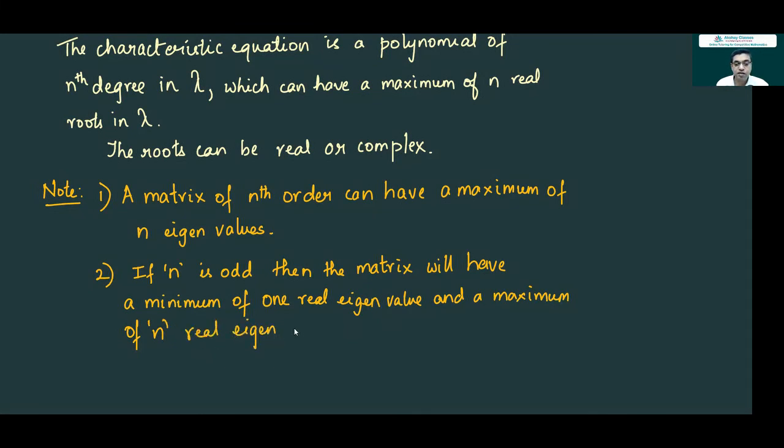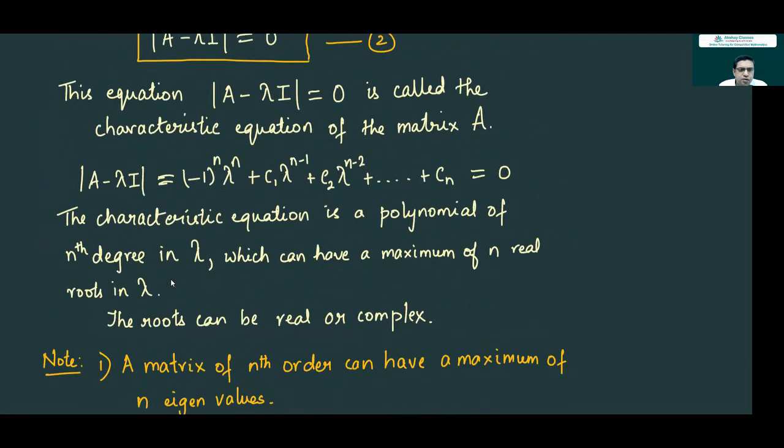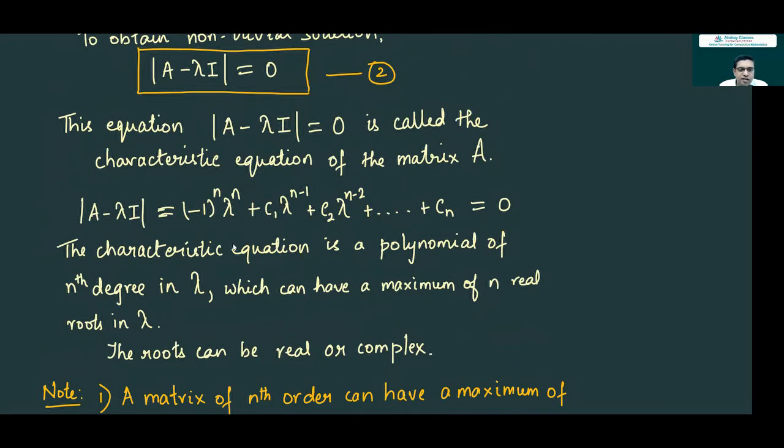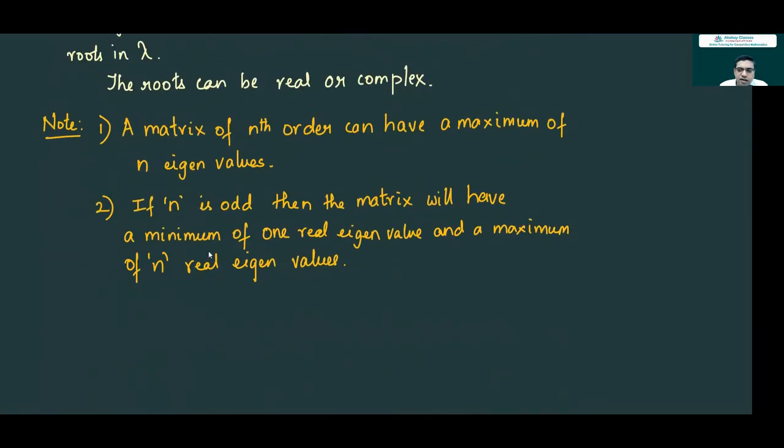These are objective questions which you will get in GATE. So when you solve this characteristic equation, you will get the eigenvalues, and based on that we can find the eigenvectors.